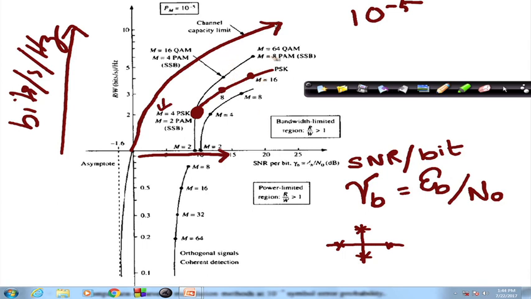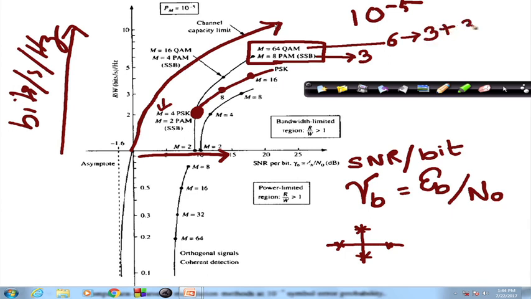If we go for PAM or QAM, what we have over here is 8 PAM and 64 QAM. So, 8 PAM means 3 bits per symbol, 64 QAM means 6 bits per symbol, but 6 bits mean 3 PAM on the I plus 3 PAM on the Q. So, if we use QAM, it is a double sideband signal, and if we use PAM with SSB, single sideband, it is going to give the same spectral efficiency.